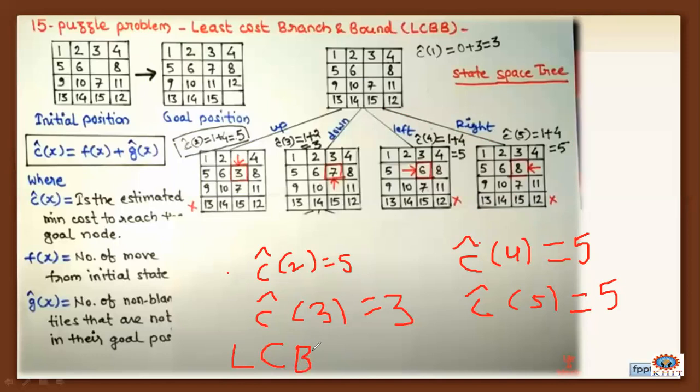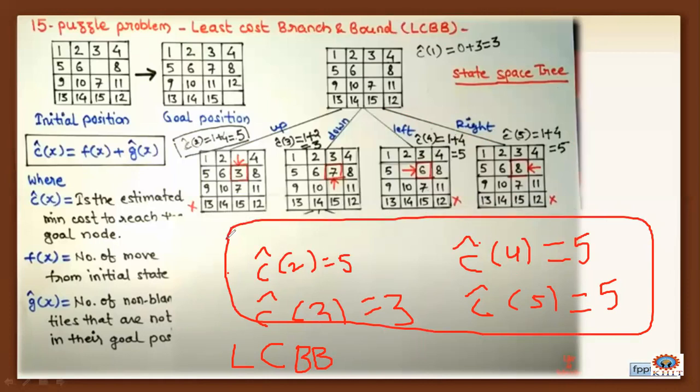When you apply the least cost branch and bound searching technique to the given state space tree, in the first iteration you need to identify the least cost value. So what is the least cost value?